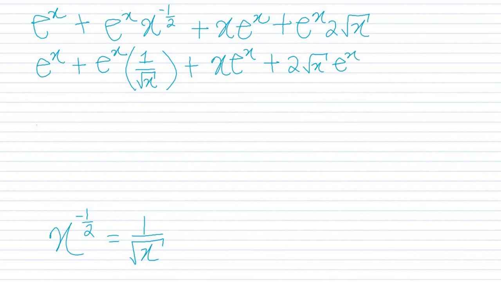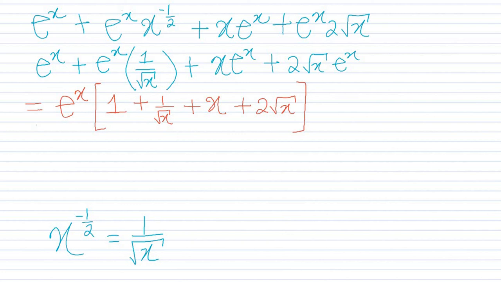And finally, our answer is going to be, let's bring out all the e to the x. We're going to end up with e to the x, the same thing as 1 plus 1 over square root of x, plus x plus 2 root x. This is basically the final answer to the question.